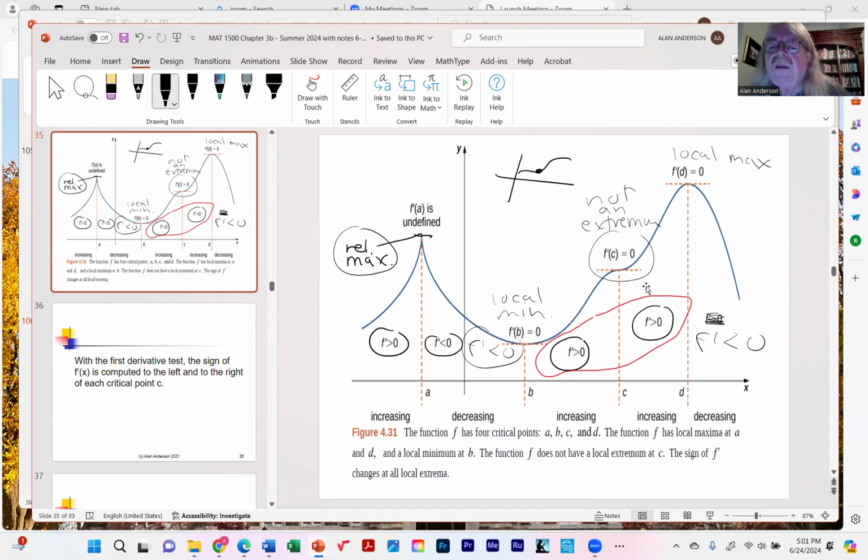So wherever the first derivative changes signs, that is an extremum. So we identify the potential extrema with these critical points, and then we check them with the first derivative sign. This is what we mean by the first derivative test.